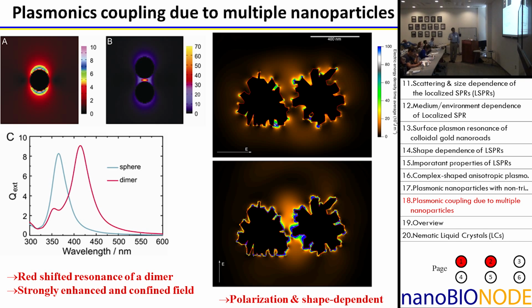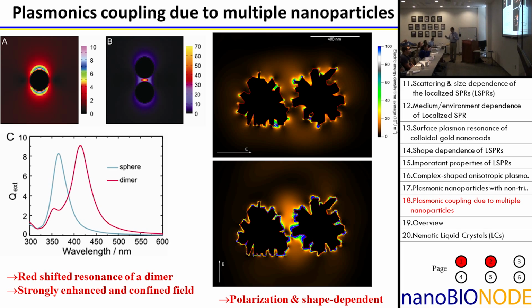But if you now have a dimer or many such dimers, you see that the spectrum changes quite a bit, and you now have not only this one peak at a shorter wavelength, but a completely new one developing at a longer wavelength and being stronger than the other one.